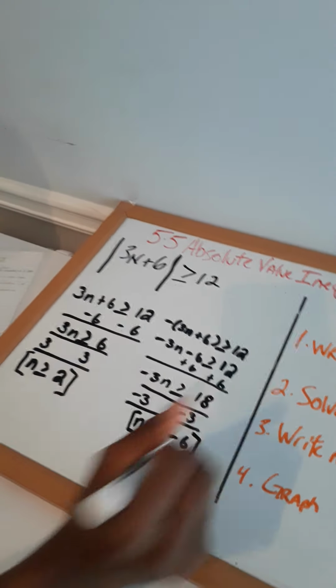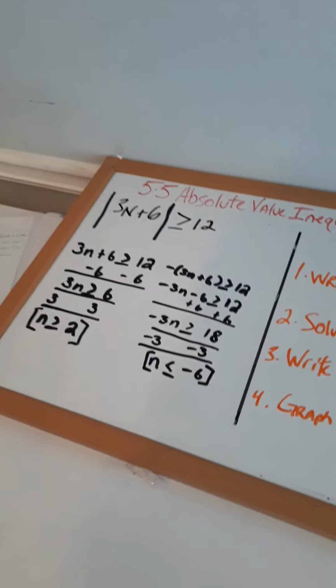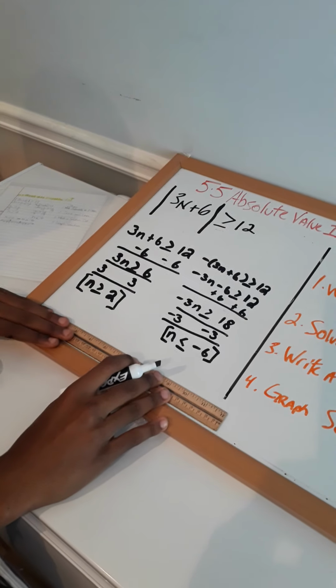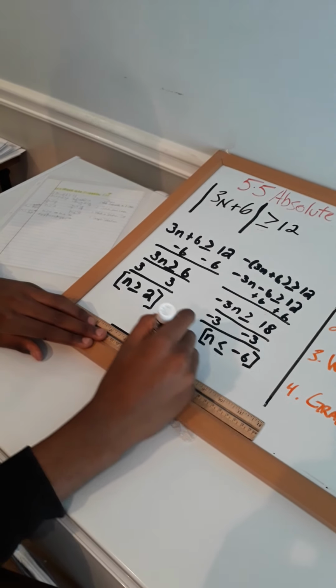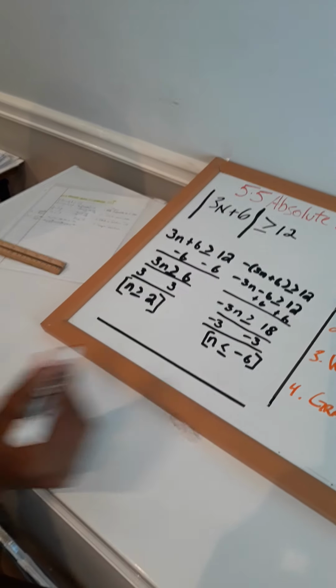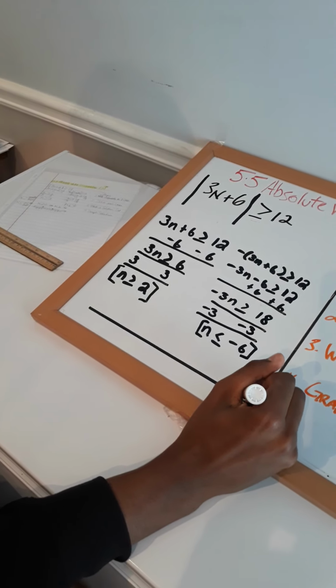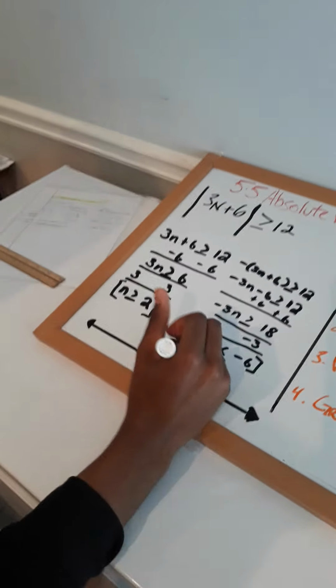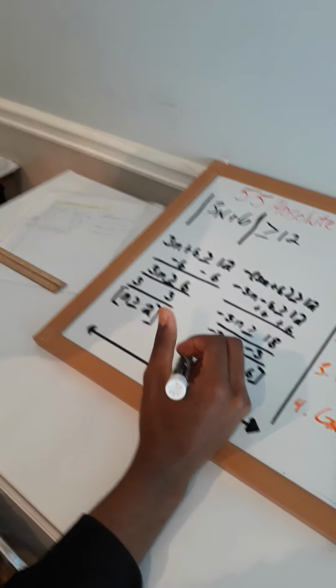Okay, so now that we have that far, I'll just be making a graph really quickly. And on this graph, you just need to plot your points. So I'll be showing you guys how to do that.